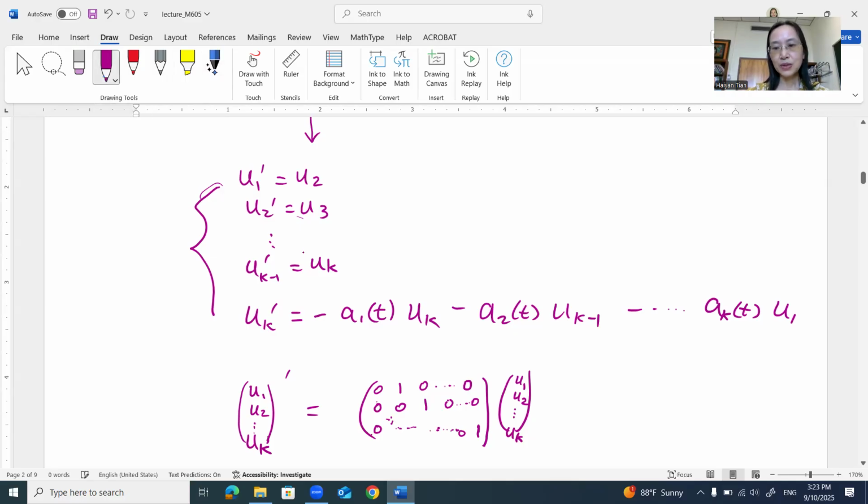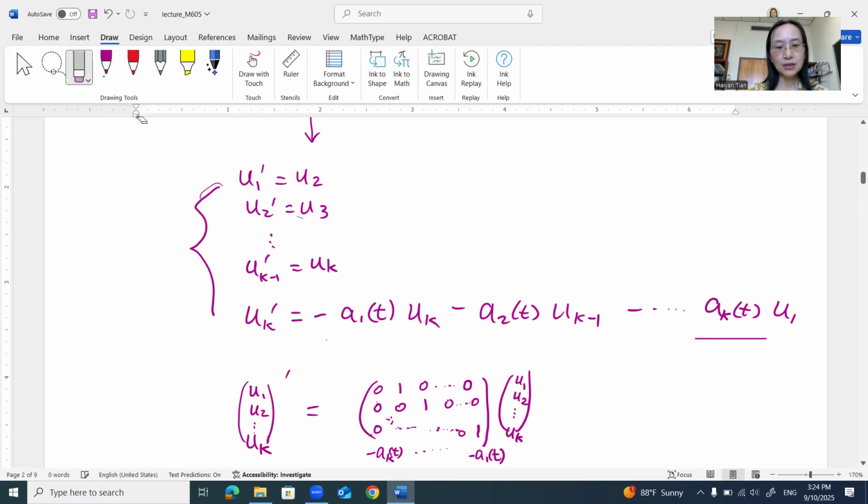So what is the last equation? The coefficient of u1 is negative a_k as a function of t, and so on all the way. The coefficient of uk is negative a1 as a function of t.